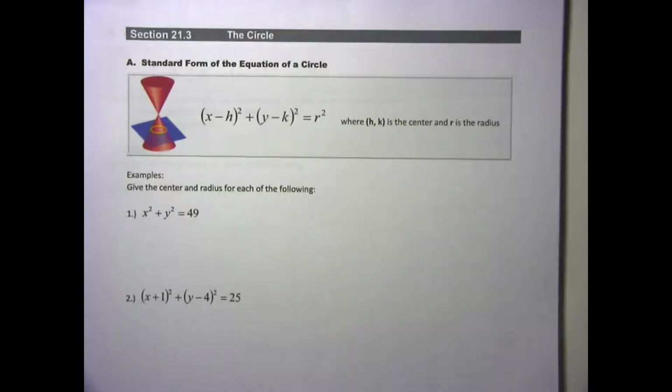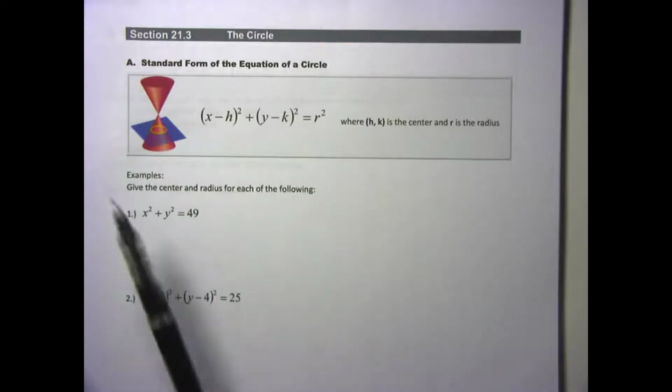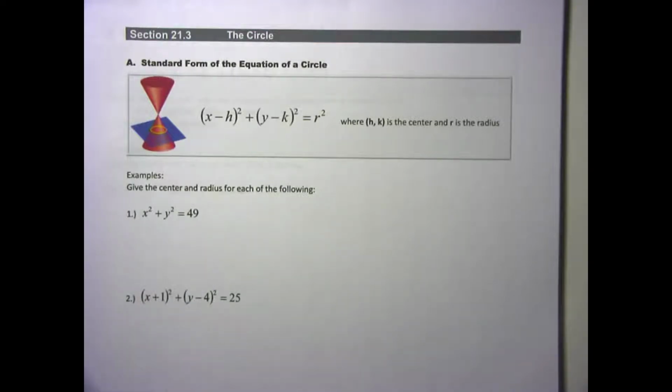All right, so for each of the following examples, we want to give the center and the radius for the circle. So number one, I have x² + y² = 49. If I'm not adding or subtracting anything off of my x squared values, I can see that my circle is going to be centered at the origin.